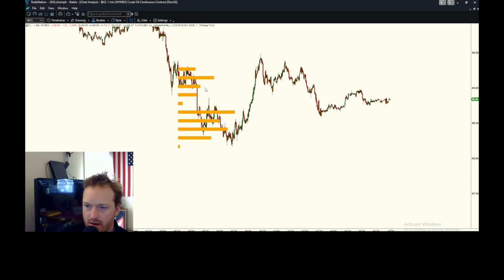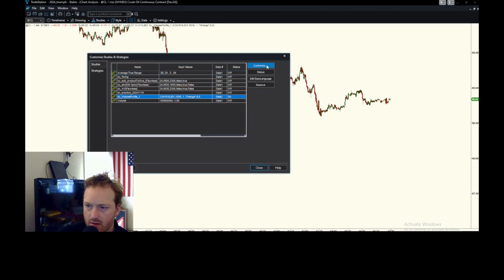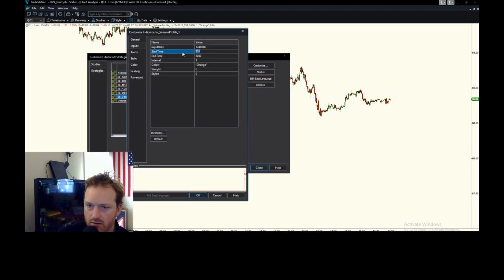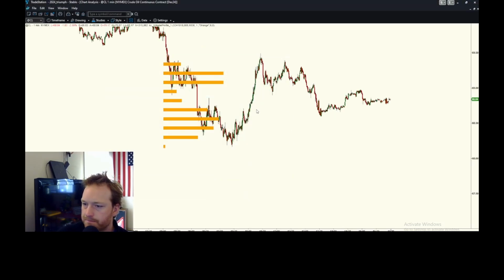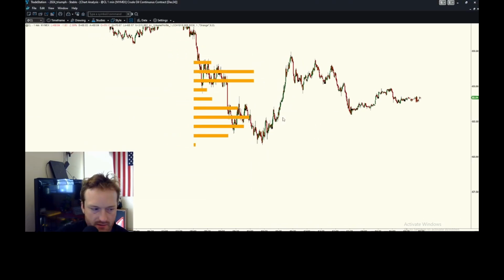We see that it started off the morning session and pushed lower. And I'm actually going to do till 8 a.m. because the metals, which this is crude oil, opens at 8 o'clock, not 8:30. Even though they all open, I'm just saying the daytime does.